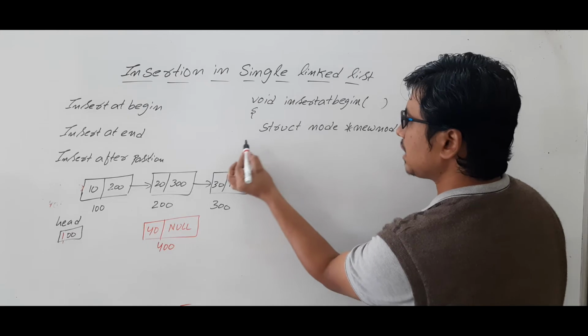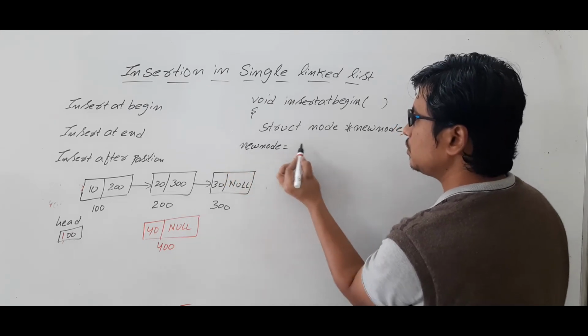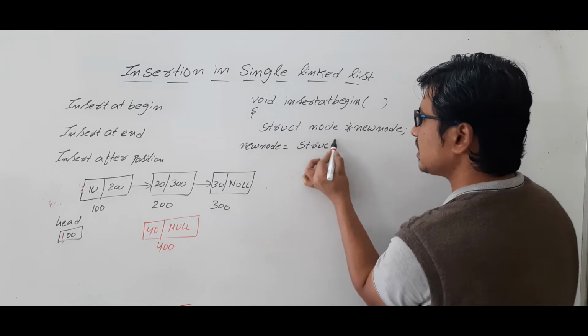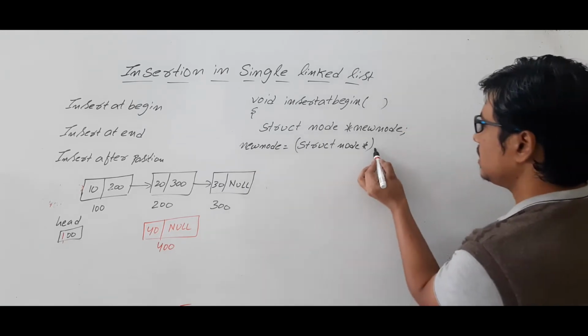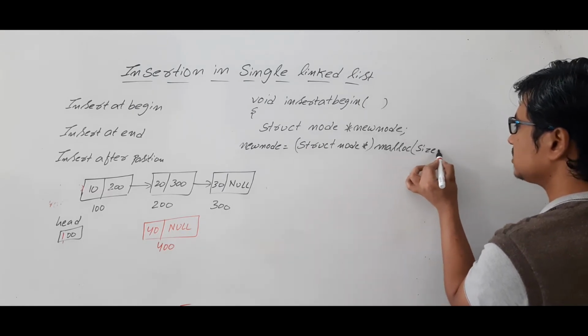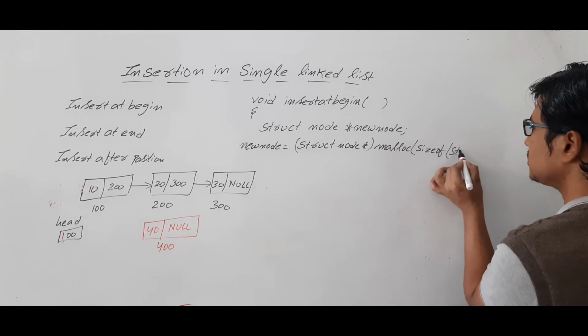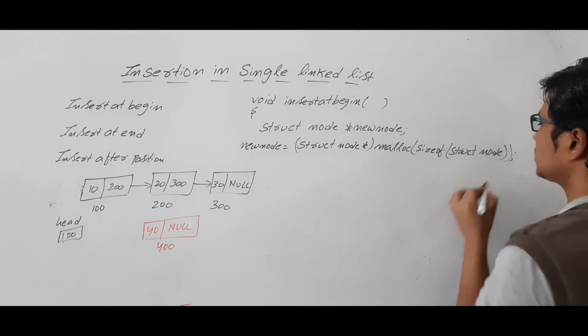Then what you have to do? You have to allocate the memory dynamically. So you have to write new node is equal to struct node star. You are doing the typecasting and you will use the malloc function and you have to mention the size of the node. So that's why I'm using the sizeof operator and I'm giving struct node.